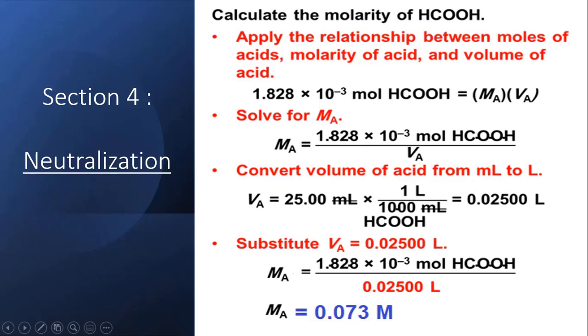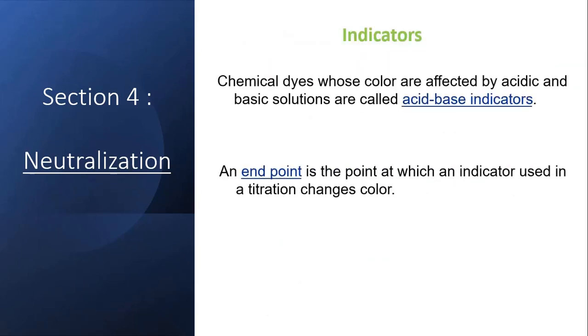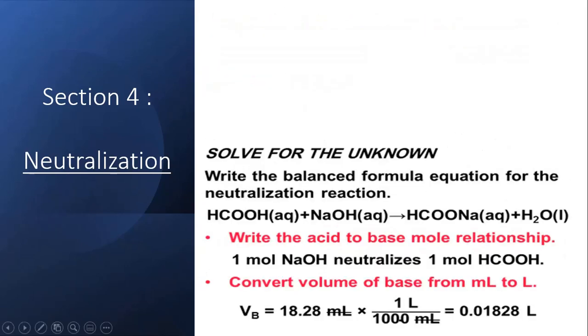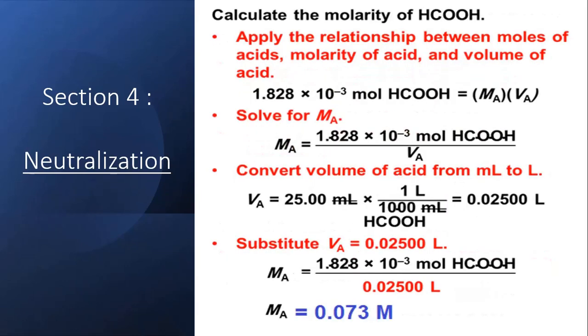The volume was 0.025 liters. So just do the calculations. The molarity or the concentration of that acid was 0.073 molar. That's it, very easy and simple. You just need to get the number of moles. And if you have a mistake in this chemical equation that is not balanced, or you don't know how to deal with the ratios, if you have ratios, then you need to revise this example again and again. You have a lot of examples in your textbook that you can practice on.